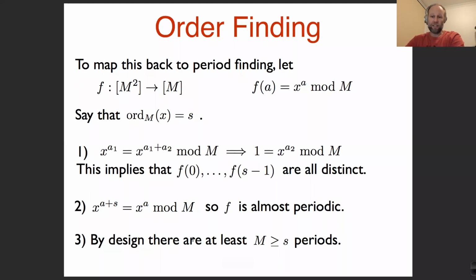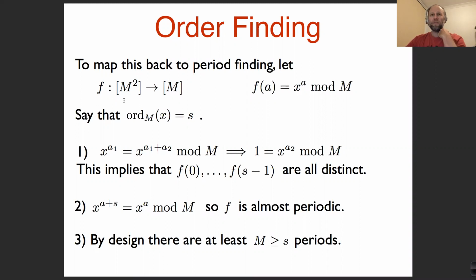So 2 to the power 6 is 1 mod 21. This is actually the function that we're going to want to find the period of using Shor's algorithm that we talked about in the last segment. It's this function here: f of a is equal to x to the power a mod m. You can view this as a function on the integers, where a can be any integer. But for this application to Shor's algorithm, we're just going to look at a finite truncation of this function.